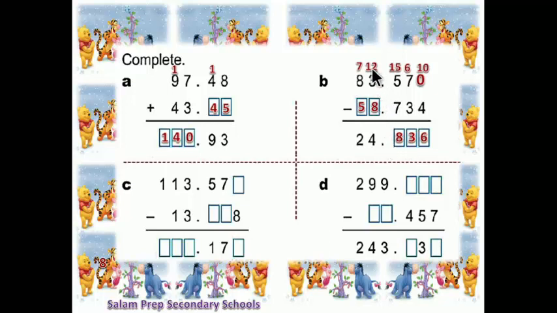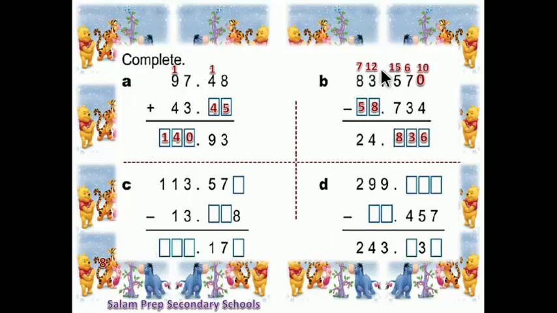Now we have 2 minus space equal 4. Okay? We can't subtract 2 minus number equal 4. So we must borrow. 8 will be 7. 2 will be 12.